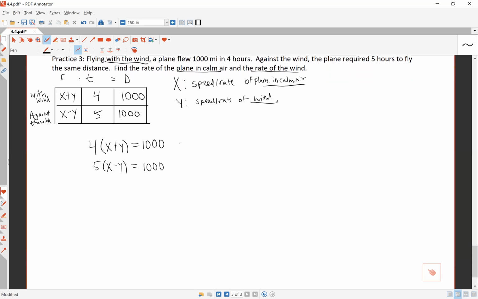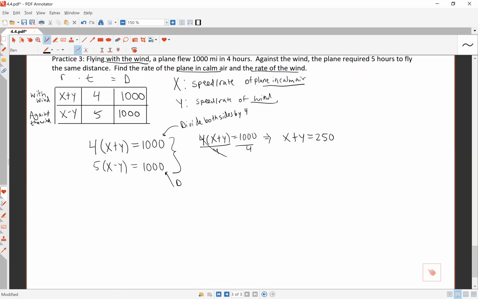The easiest way to deal with these problems is to divide the first equation by 4 and get rid of that 4 in front of the x plus y. And that will give us x plus y is 250.